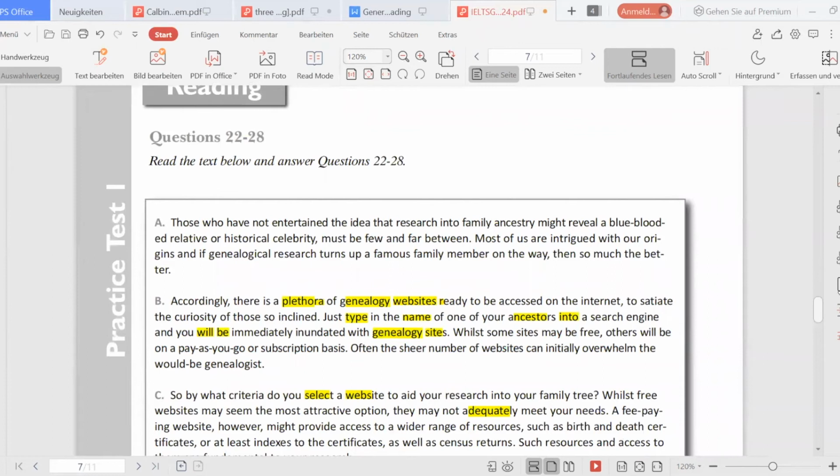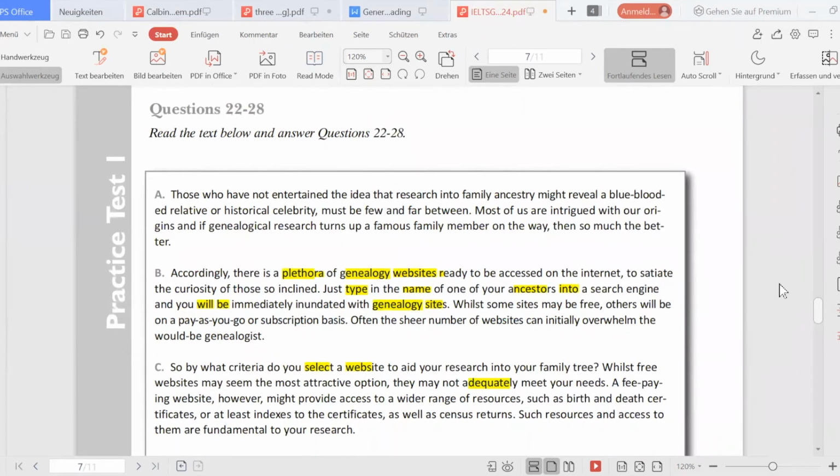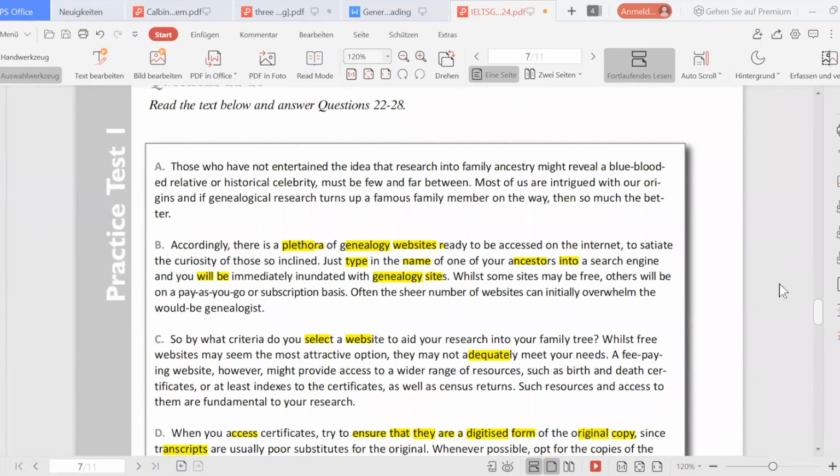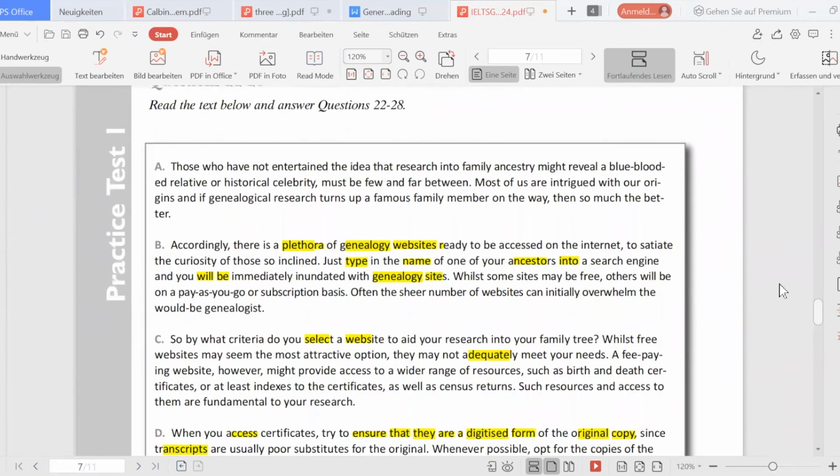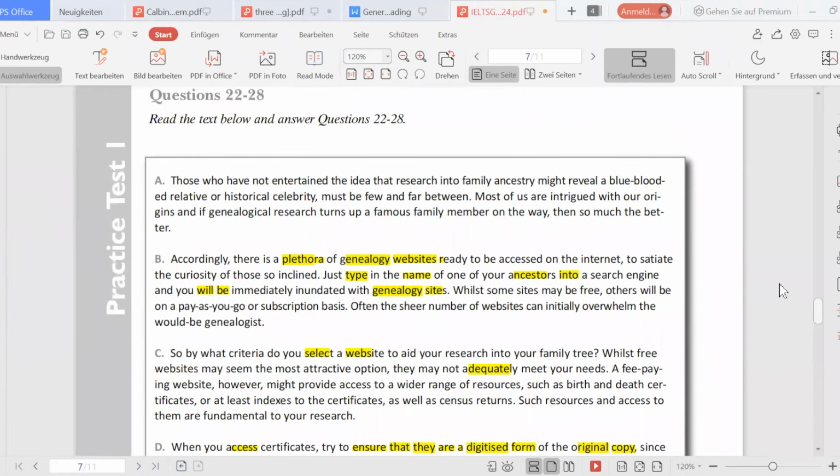All right, so that's why modal verbs are tricky. They can be reformulated in so many ways, so much so that they can actually even be cross-referenced. So you've got the word may, and then you've got the word here, will. These are two different modal verbs.